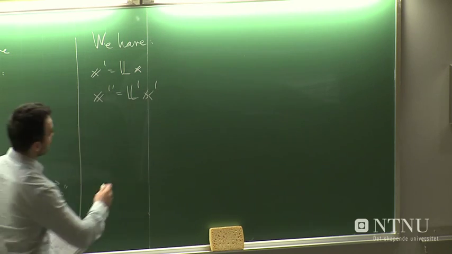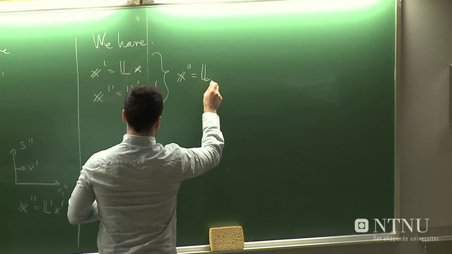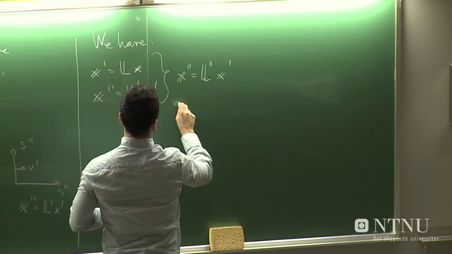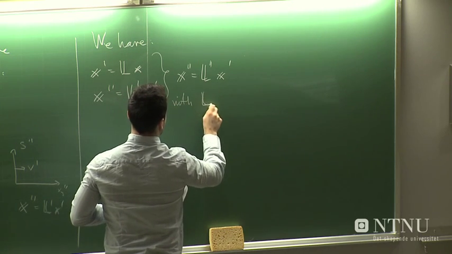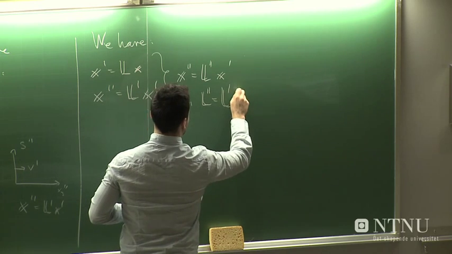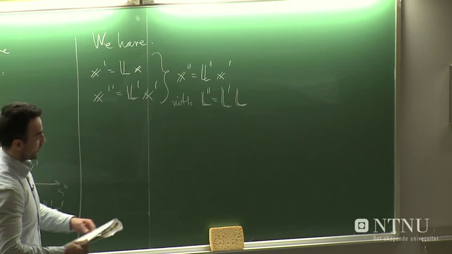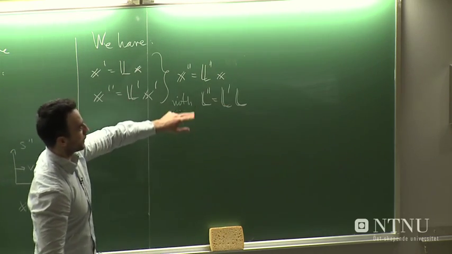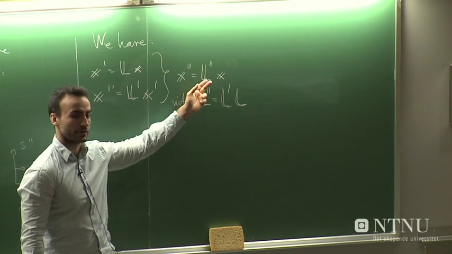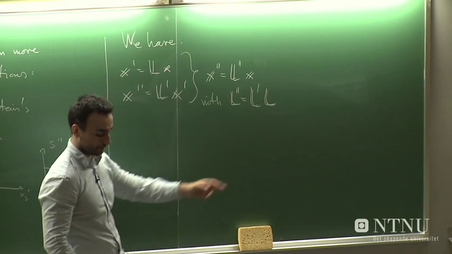So in other words, we can write the transformation from our original system to the double prime system with an effective Lorentz transformation given by the product of these two transformation matrices.